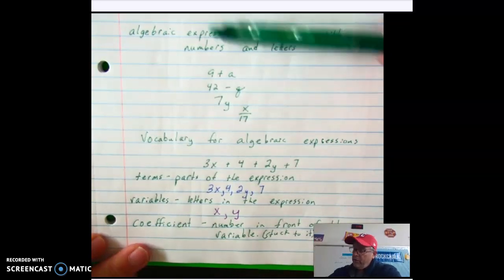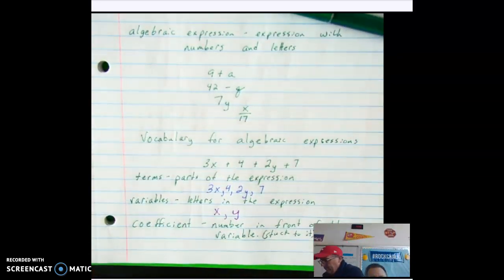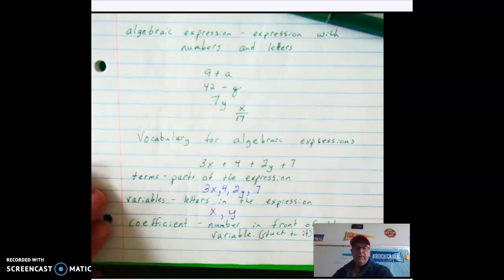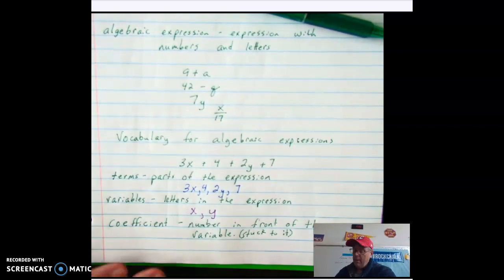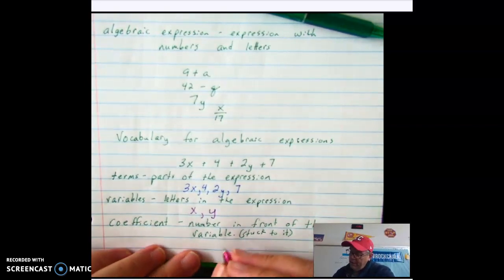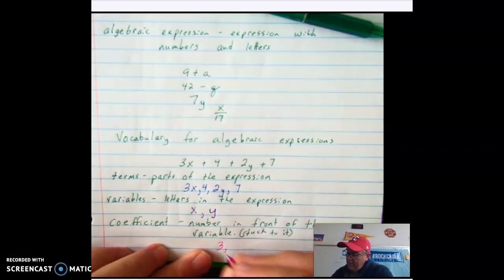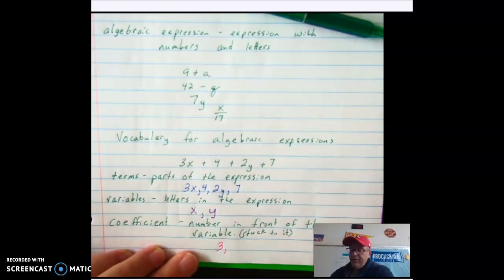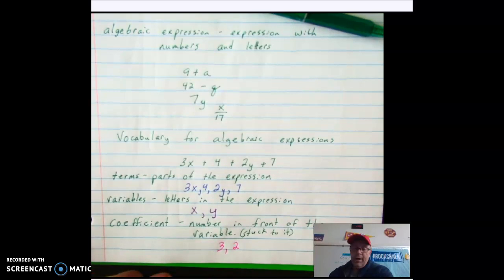So the coefficient in this one, we have two of them. Our coefficient, I'm going to slide this over just a little bit. Our coefficient in this is I have a 3 because that's attached to the x, and I have a 2 which is attached to the y. So those are my two coefficients.